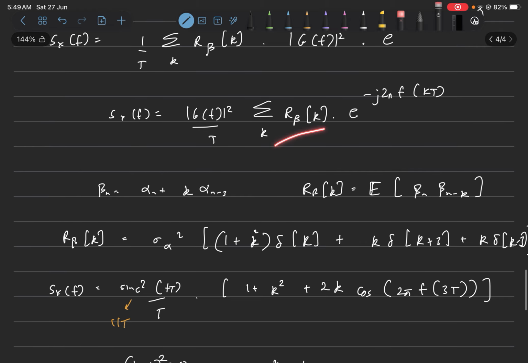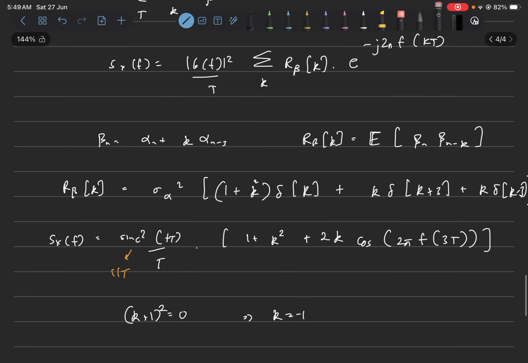So we'll have to calculate R beta of k. Beta n is given to us as this. In order to calculate the autocorrelation function, we'll use the definition of the autocorrelation function at delay k.